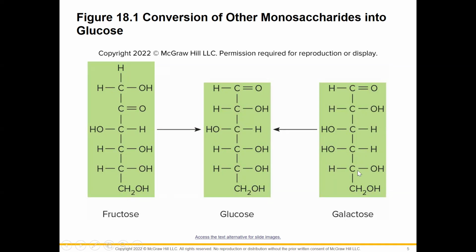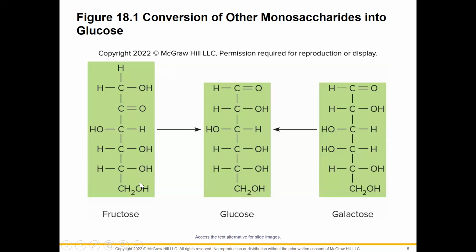And if you're eating galactose and fructose, remember your body can't use those directly to go through the glycolysis process. So these go to the liver and they are converted, right? So with this galactose, you have this section here, and this OH and this H are basically shifted to the opposite side to create glucose.